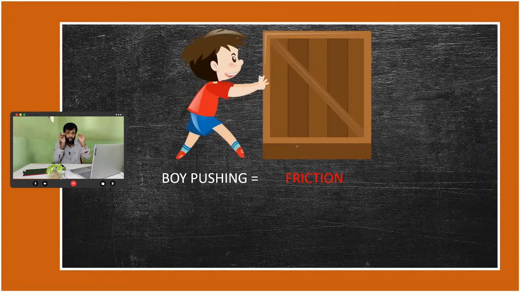Apply that logic over here, and you will understand that the force that the boy is applying is exactly equal to the frictional force that is being applied in the opposite direction. So the boy is trying to push, and in the same way the frictional force is also pushing that object in the other direction, and since the forces are equal, the object is not moving. Clear?